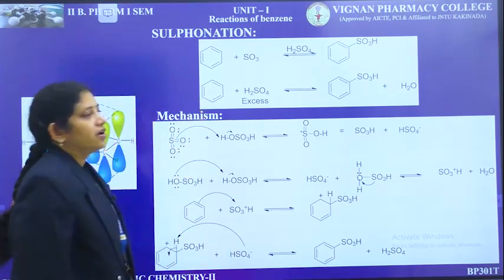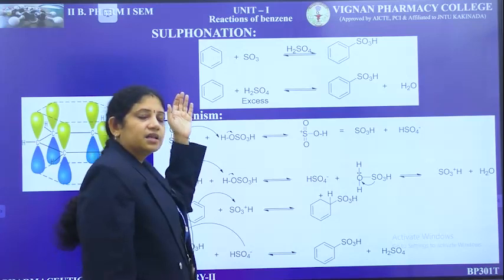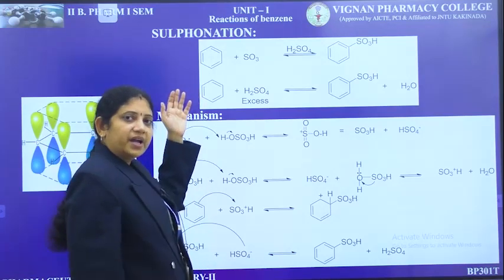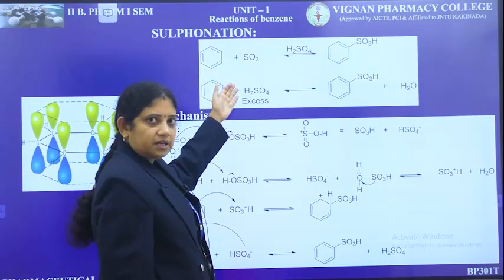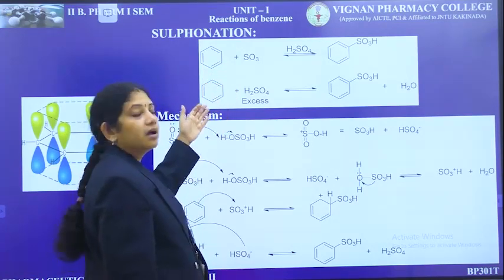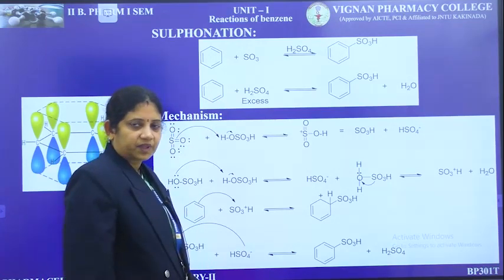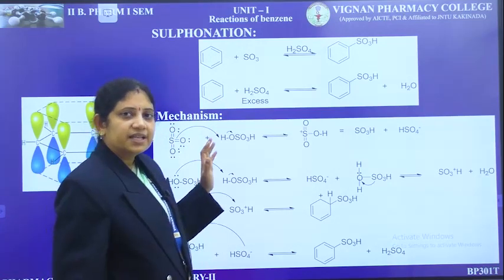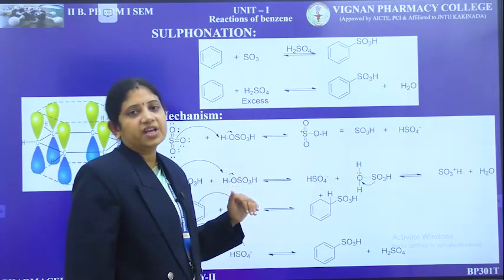And next, coming to sulfonation. Here sulfonation can be done in two ways, either with sulfur trioxide, or by using fuming sulfuric acid. Fuming sulfuric acid is a combination of sulfur trioxide and sulfuric acid.